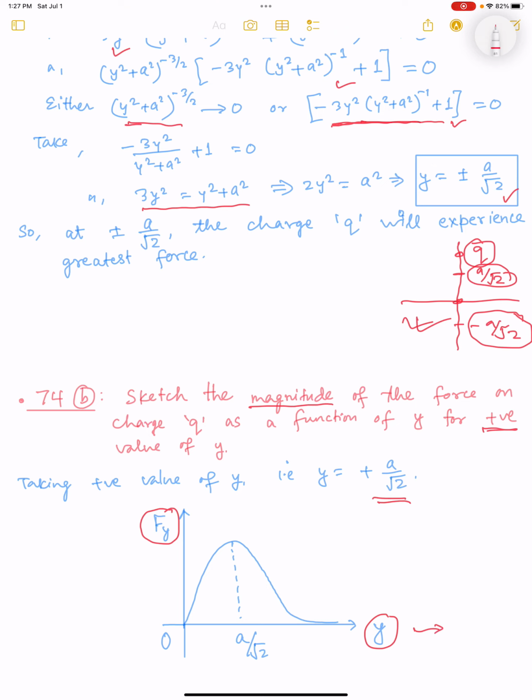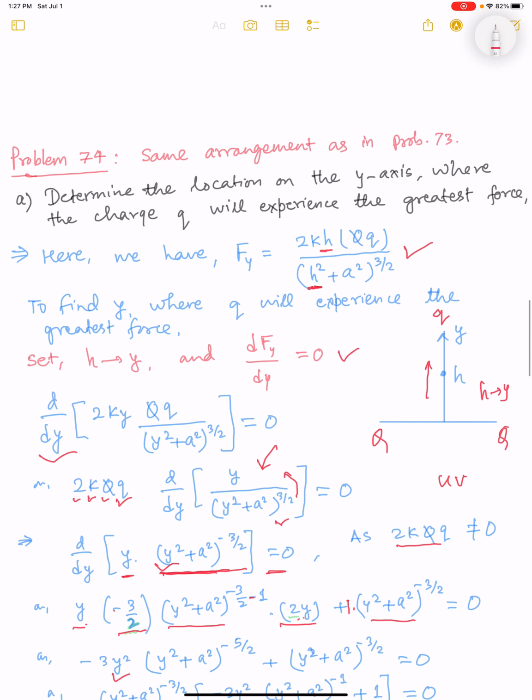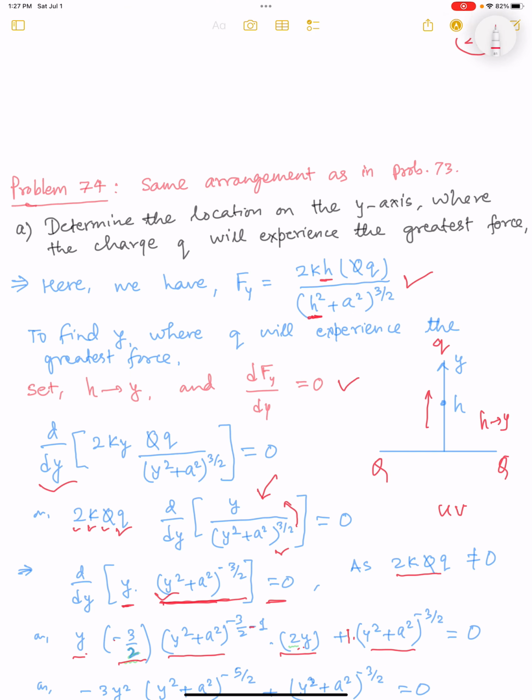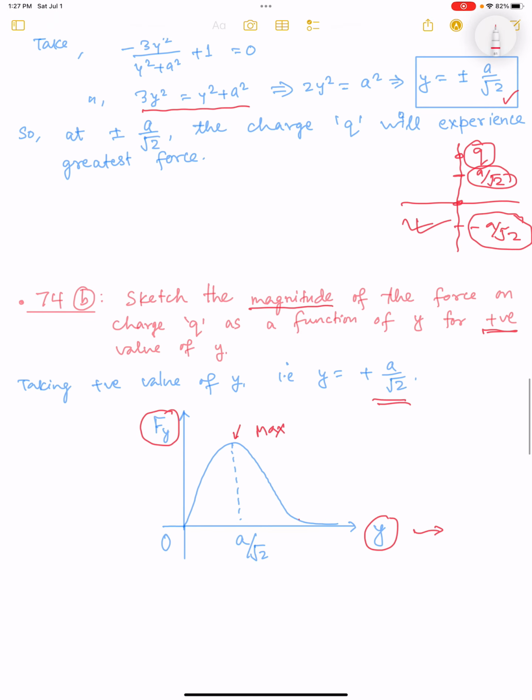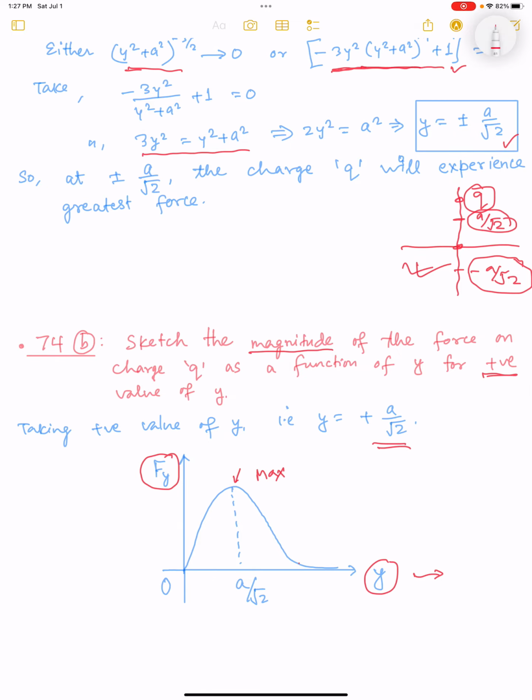It's like a Gaussian, but it never goes to 0. This is the maximum force experienced by the charge q on the y-axis. So that's it for problem 74, part B. Thank you.